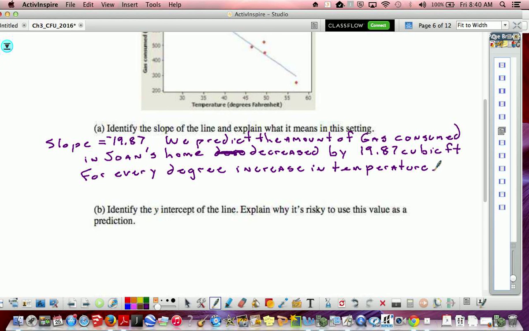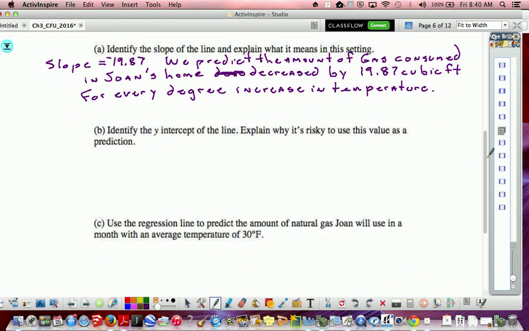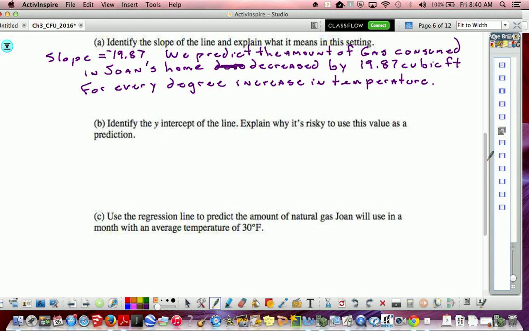So for each additional 1 degree increase in temperature, we predict that Joan's going to use 19.87 cubic feet less of gas. All right, so the next one says, identify the y-intercept of the line.